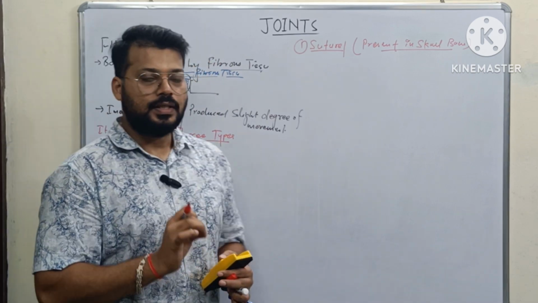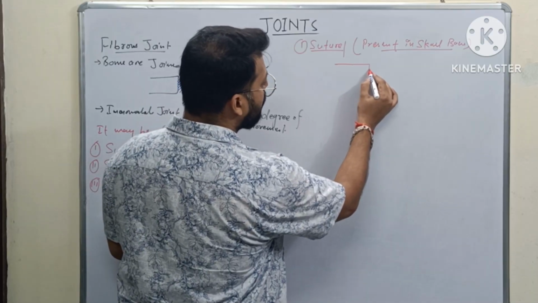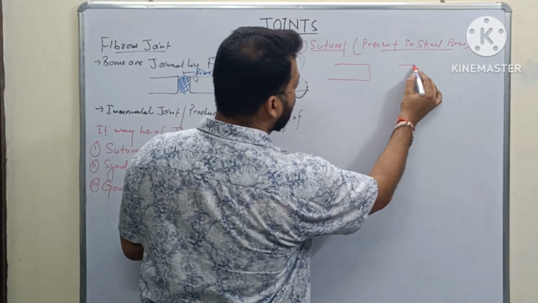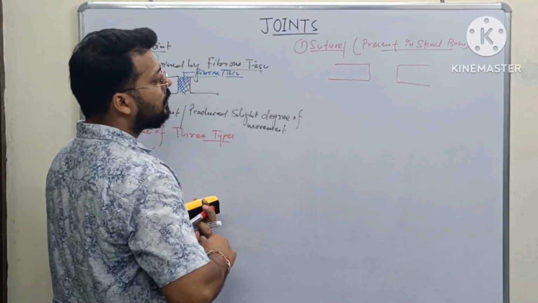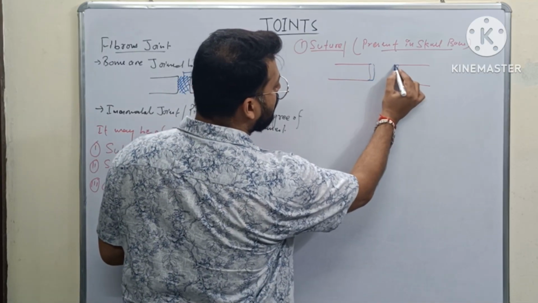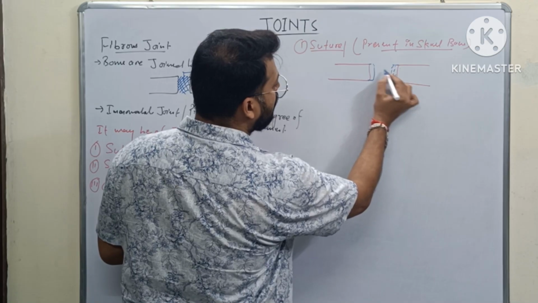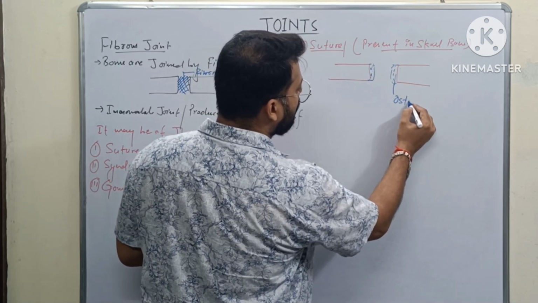Okay, if we talk about the structure of the sutural joint, the margin of the bone is covered with an osteogenic layer.